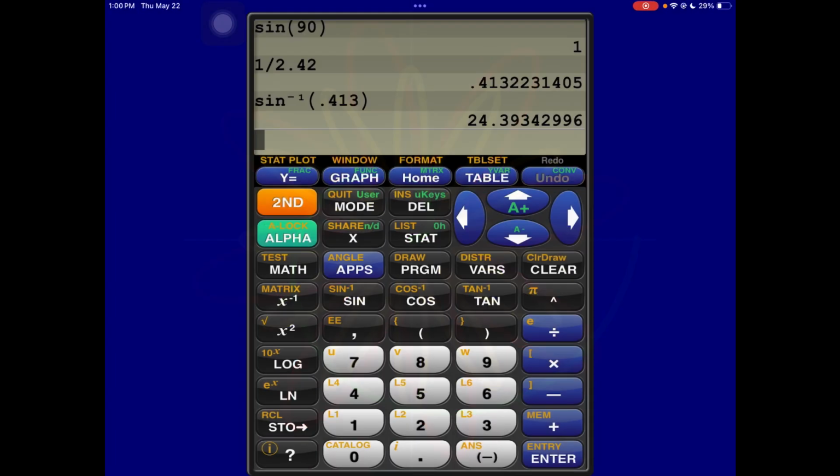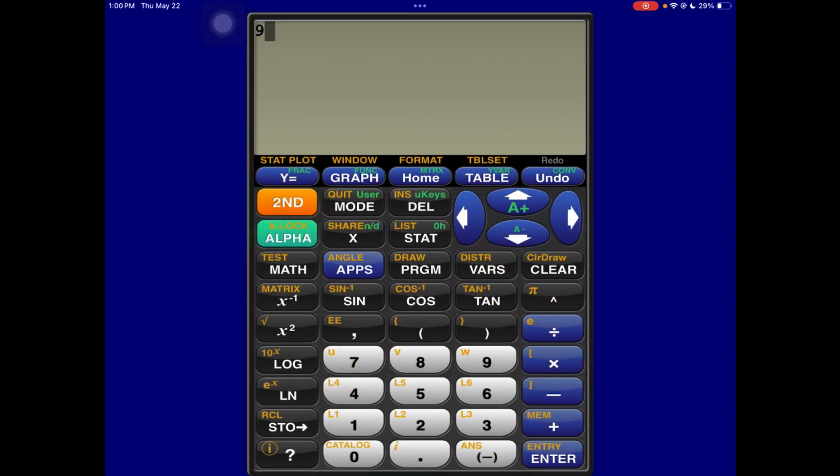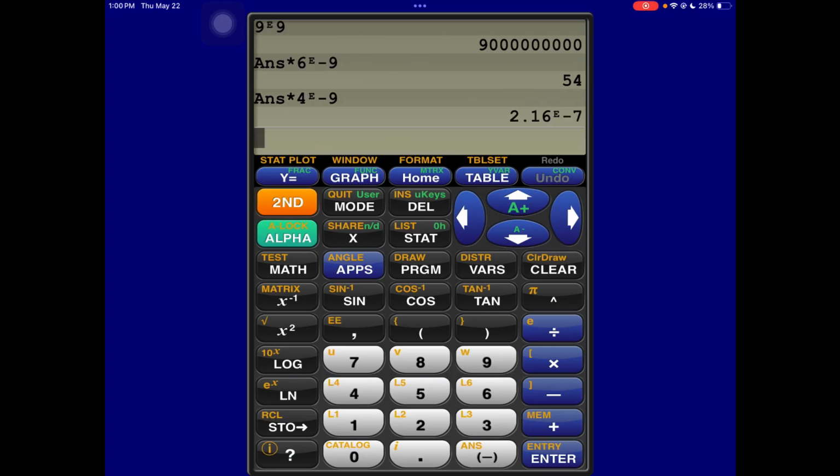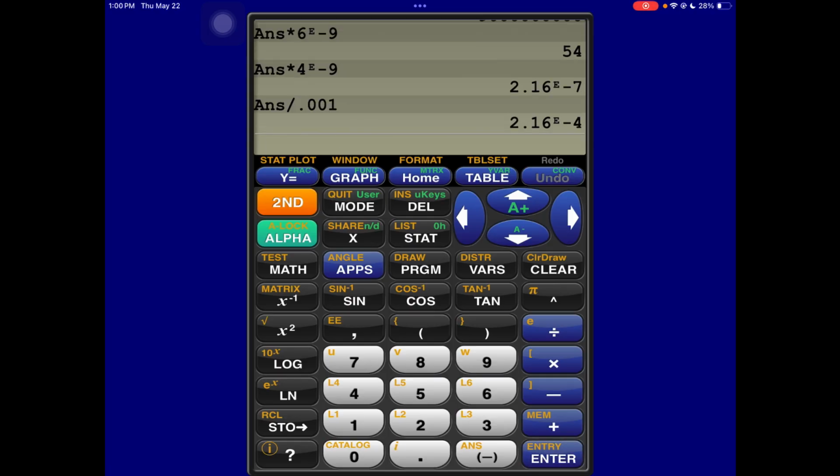Let's do that. So we started off, let's clear this out. 9 times 10 to the ninth times our 6 times 10 to the negative ninth, that's 6 nanocoulombs, times 4 nanocoulombs, divided by 0.001. Now, that 0.001 is squared.